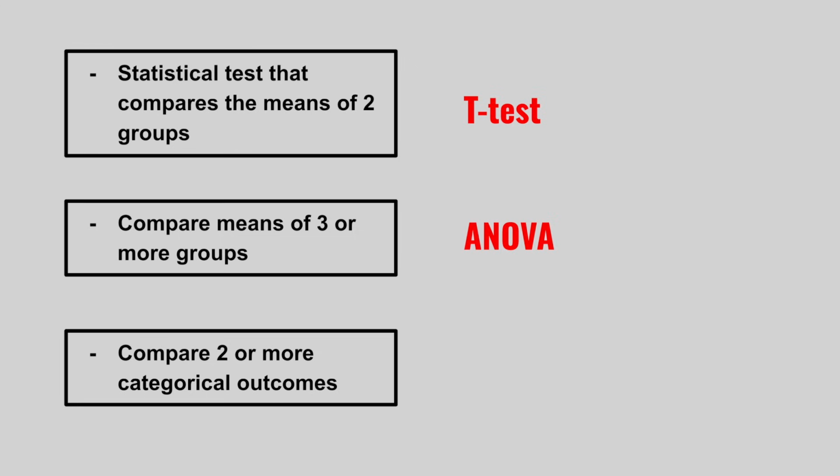Next, the test compares 2 or more categorical outcomes. This is the chi-squared test. And if the sample size is very, very small and we want to compare the categories, then we use the Fisher's exact test.